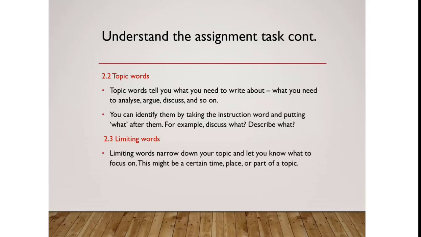It said in South Africa. On Tuesday, when we're looking at the causes of poverty in Africa, the limit word was Africa. We're not discussing the causes of poverty in Europe, or in the Americas, or in the world. We're looking at a specific context, which was Africa.